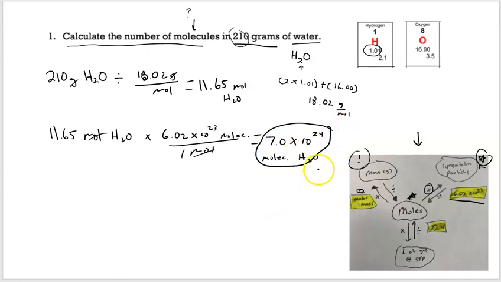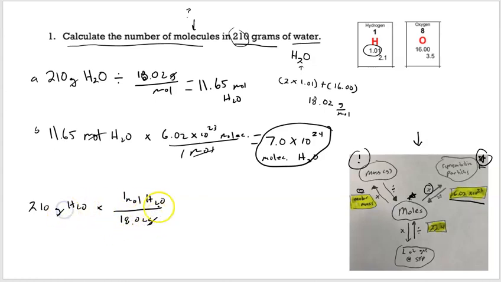Okay? Now, if I wanted to do this all at once, instead of splitting it up into a and b, I can write it all out using the factor label method or the dimensional analysis method. I could just write it like this: 210 grams H2O times 1 mole H2O per 18.02 grams.